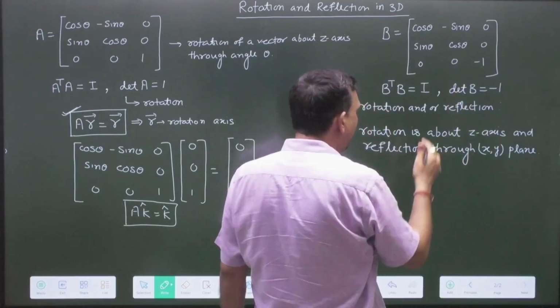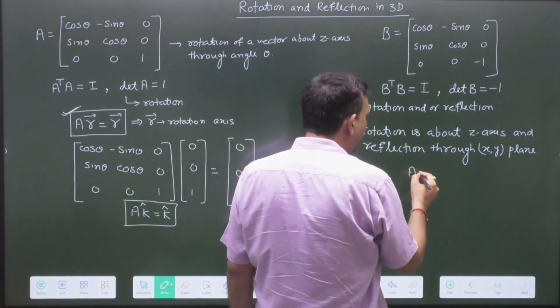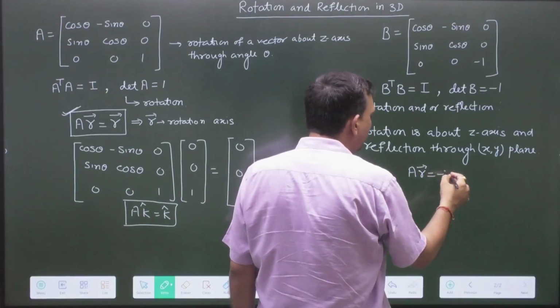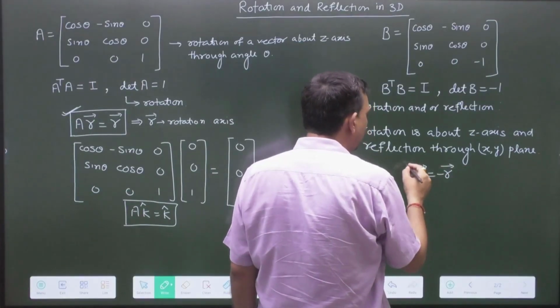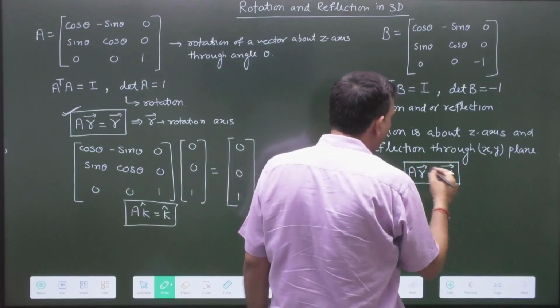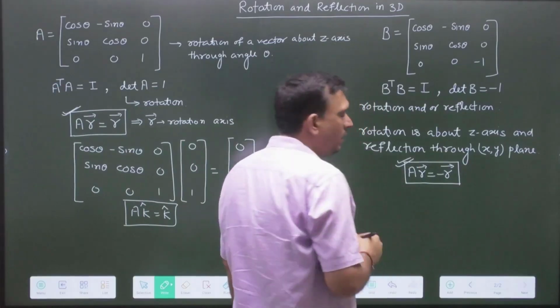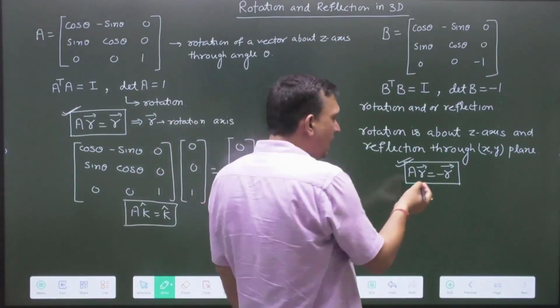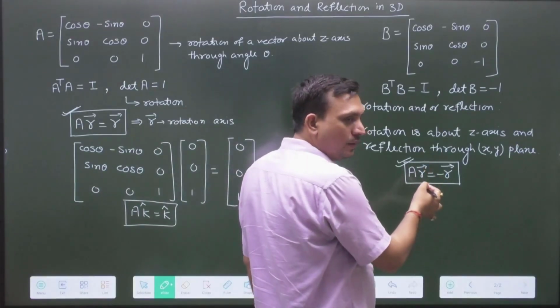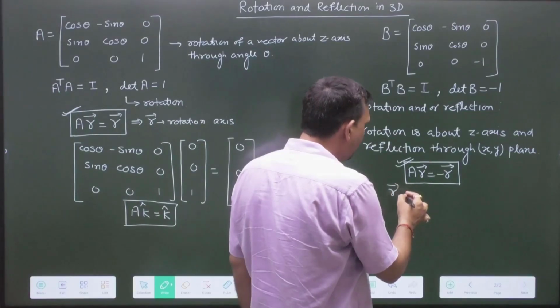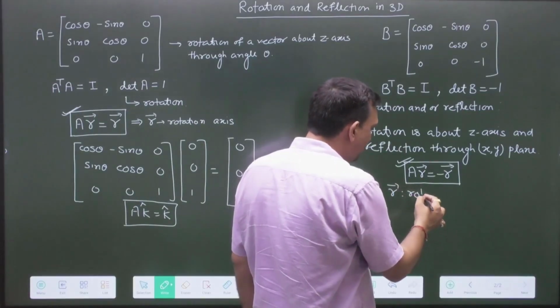So again, if you have to check, in this case we will check this condition: AR is equal to minus R. So here R is the rotation axis.